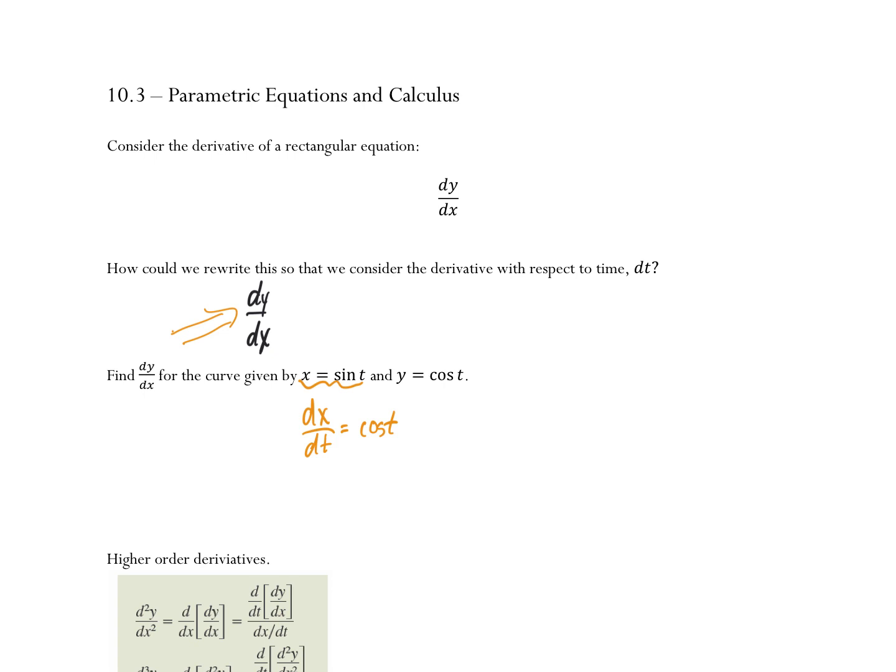What if I took dy/dx and multiplied both the top and the bottom by 1 over dt?